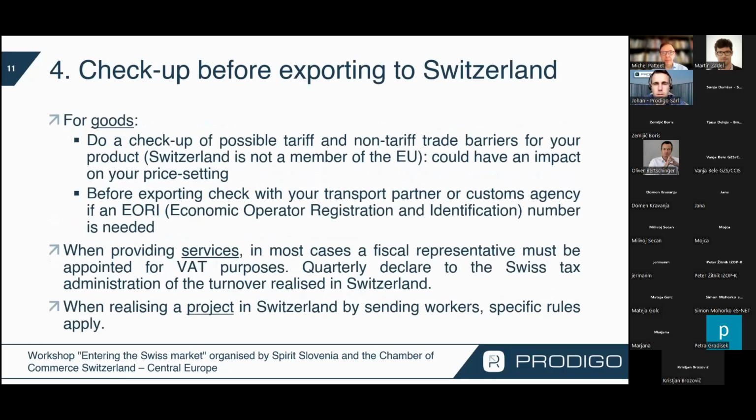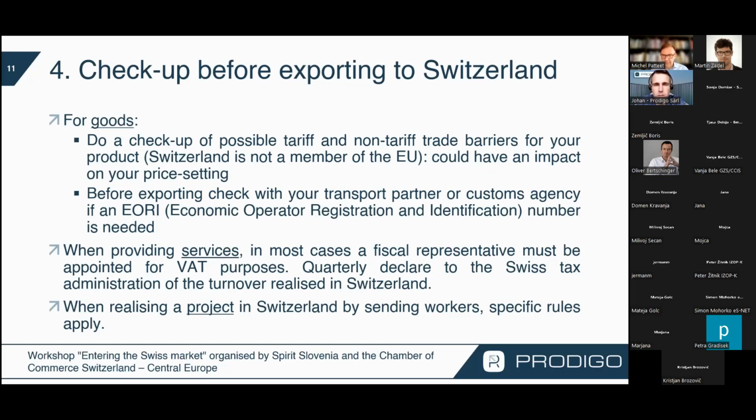Well, before exporting to Switzerland, how can you check if you meet all the requirements? So for goods, we recommend to do a checkup of possible tariffs and non-tariff trade barriers for your product. You can use the European platform Access to Market, which is useful to see this information.